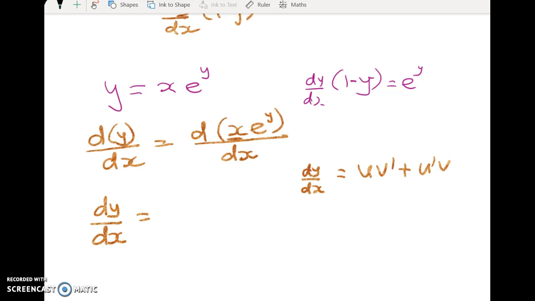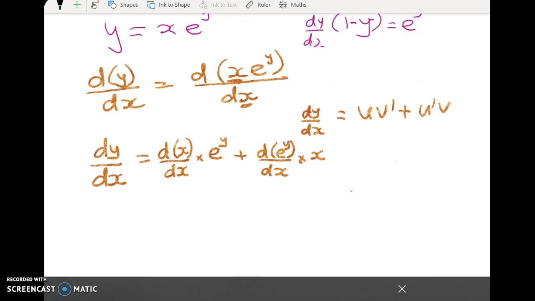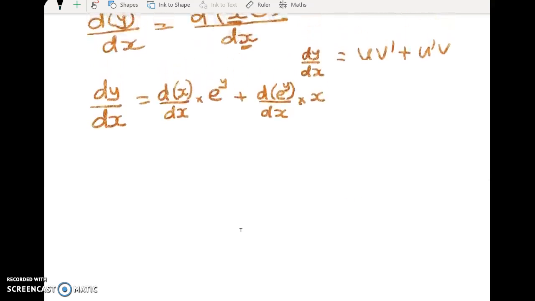So here, I'm going to differentiate x with respect to x, and I'm going to multiply by the other function. And then I'm going to do it the other way around. So it's going to be plus, differentiate e to the y with respect to x, times this one, which is x.